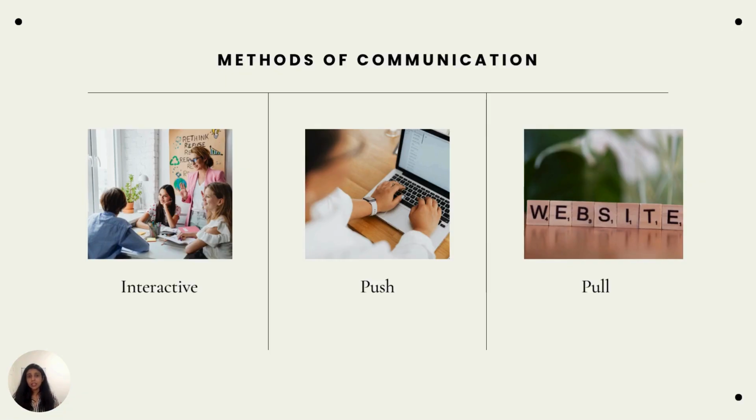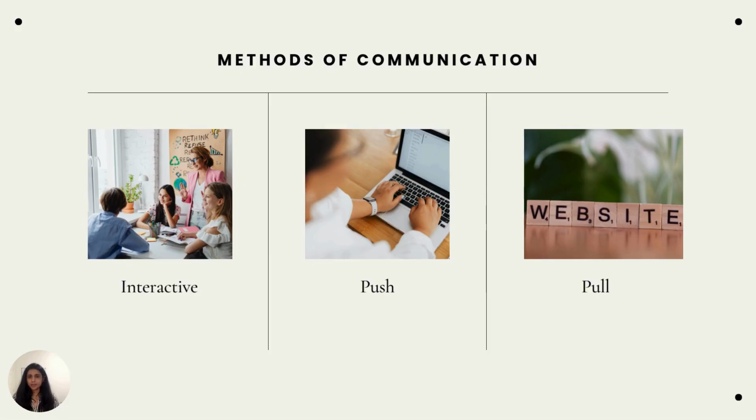Now we know the complexity. How do we choose the right delivery options? You can either do interactive communication, push communication, or pull communication. Interactive communication is one of the best methods, I would say. It's a multi-directional exchange where the participants talk in real time and exchange ideas with one another.